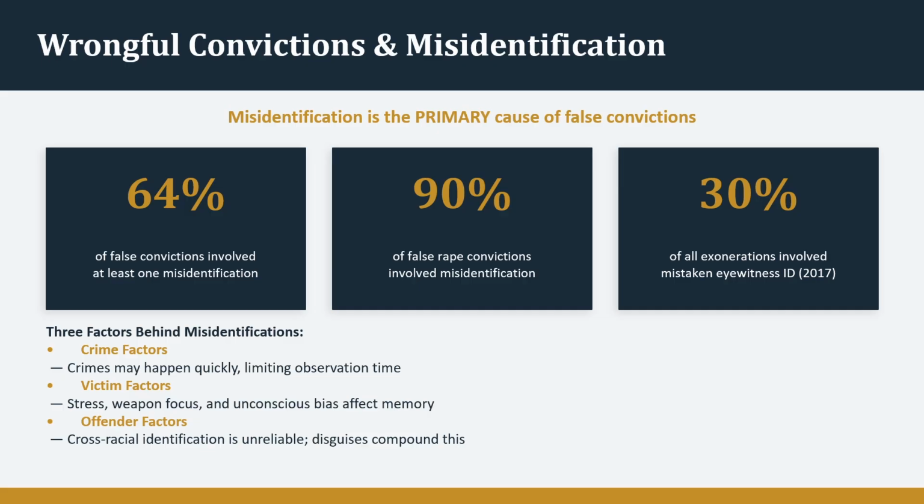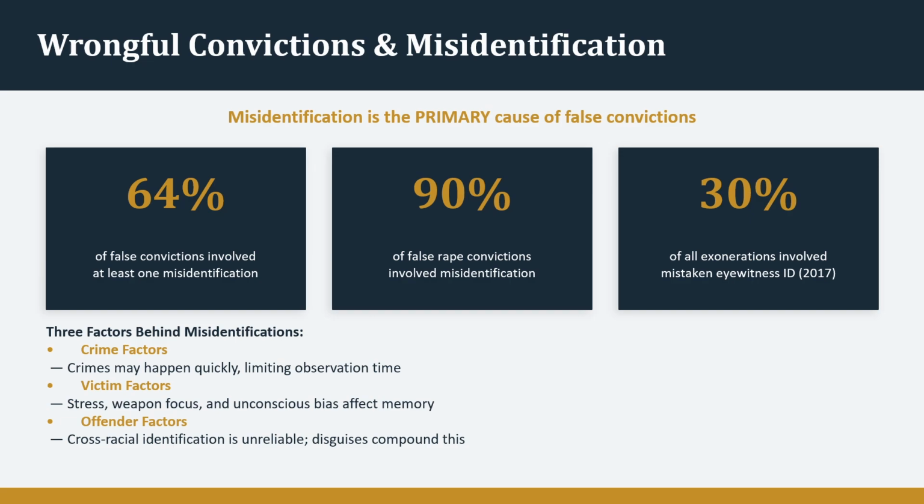Add to that the tendency to perceive what we expect to see, biases and assumptions we carry about who commits crime, and the simple fact that most of us are not trained observers. A victim may be able to say someone was tall and heavy-set, but unable to describe their facial features in any useful detail. Third, offender factors.